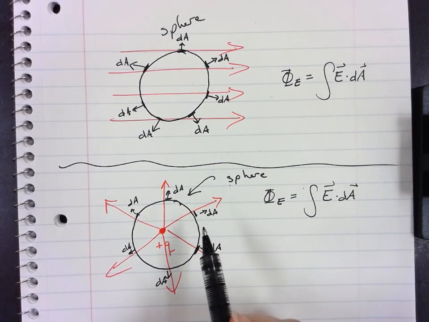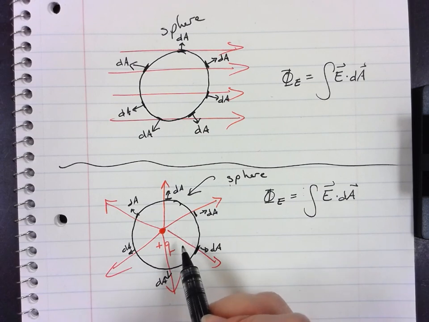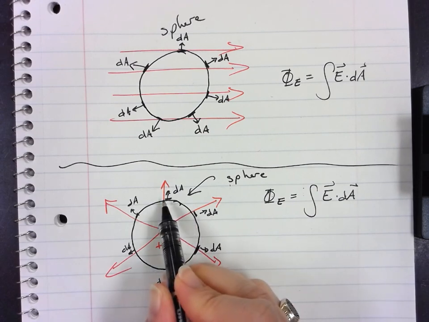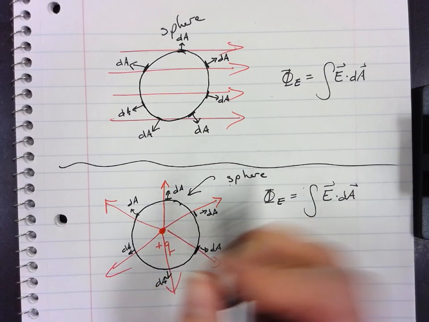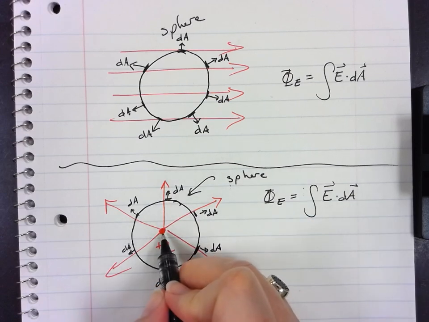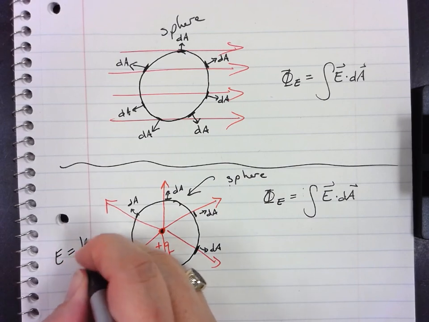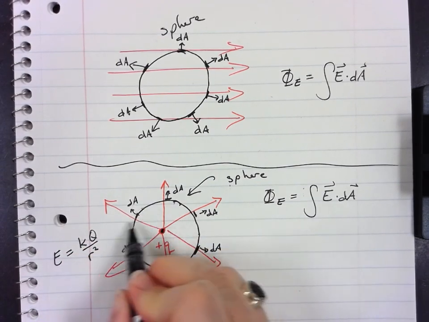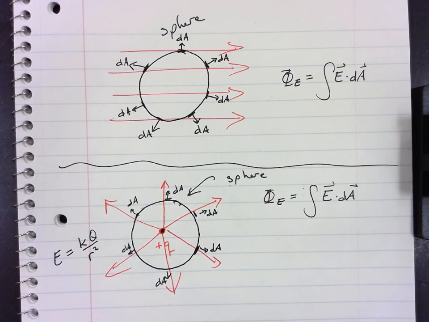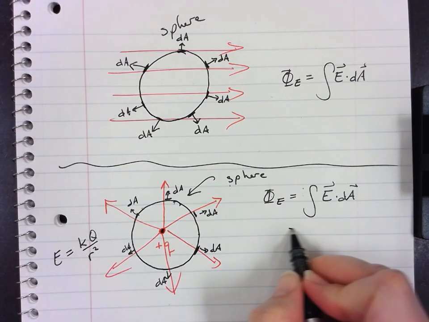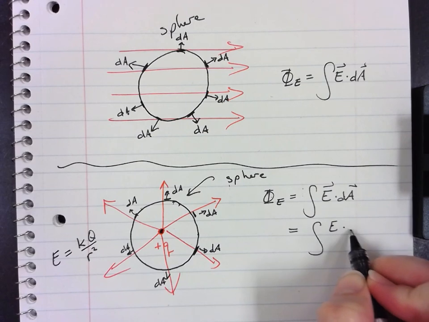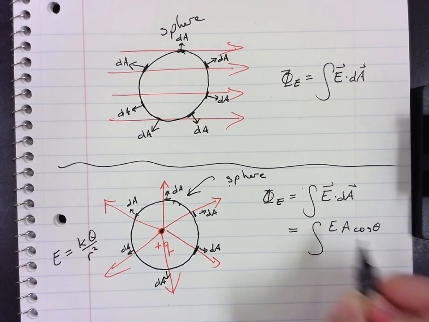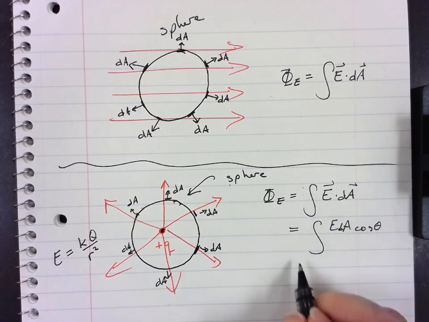Also, I know that the electric field is the same value everywhere here. Because if this sphere is centered on Q, you know E equals kQ over r squared. So if I'm always at the same distance from Q, I'm always at the same electric field strength. So in this integral, instead of E dot dA, I can do E dA cosine theta.